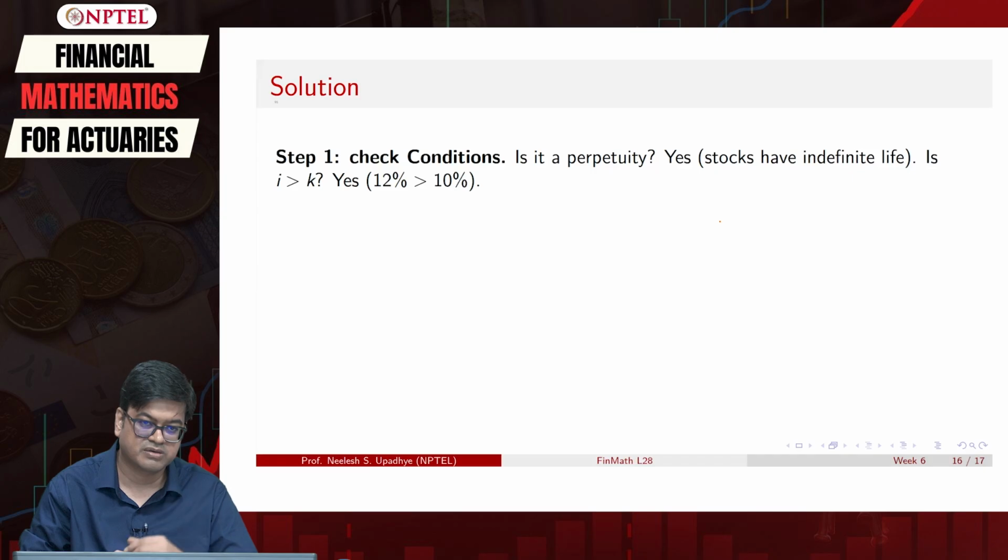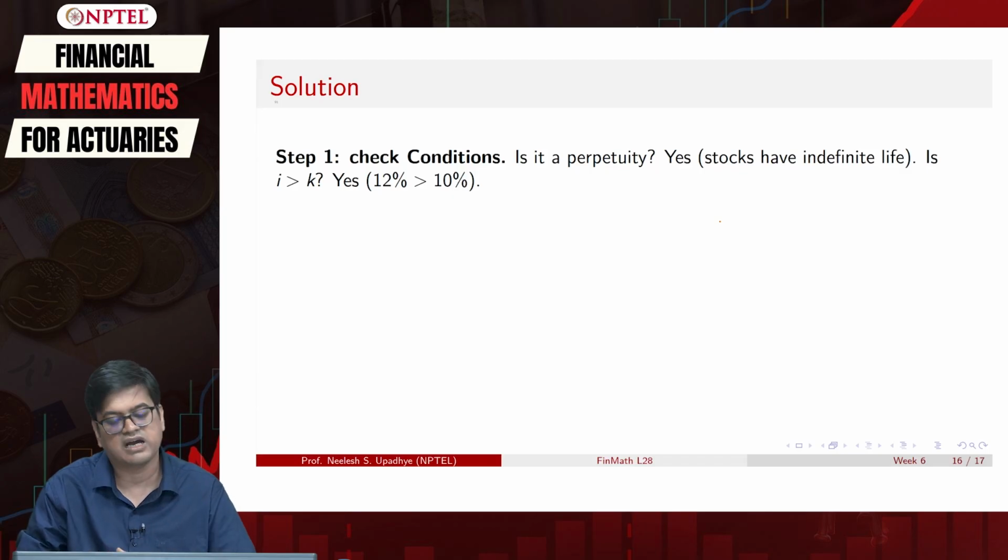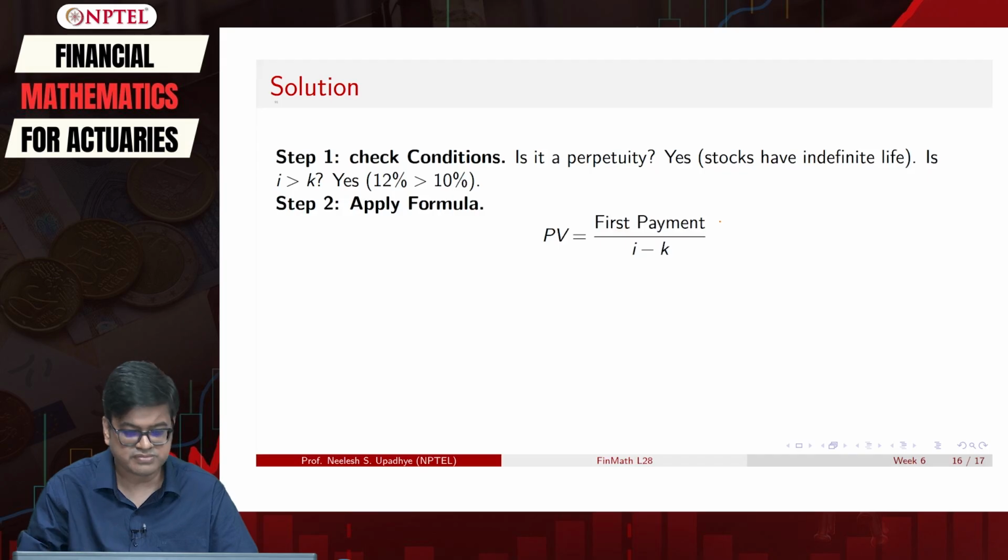The return I want is 12%, and the growth rate k is 10%. So I have the correct condition, I greater than k. Naturally I will apply the formula, present value is first payment upon I minus k. That should give me an idea of the fair price that I will pay for this stock.